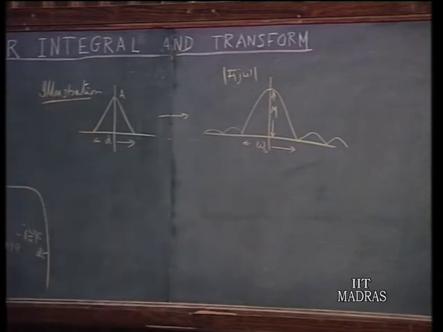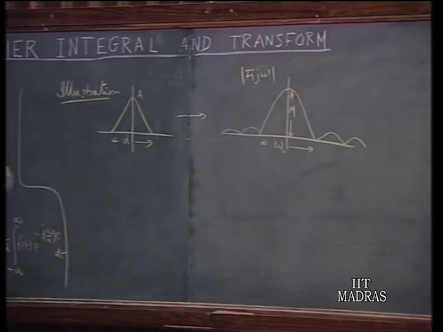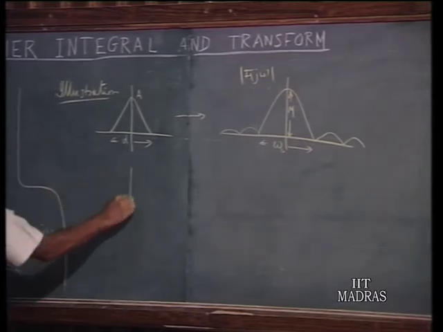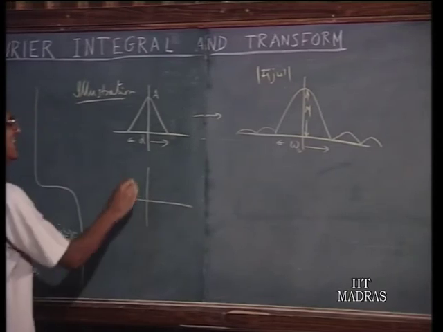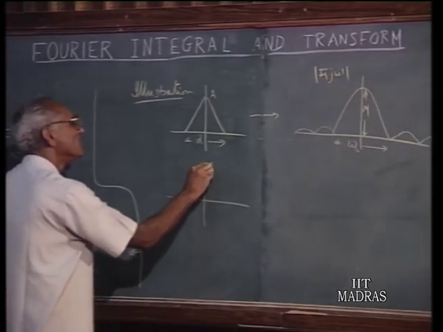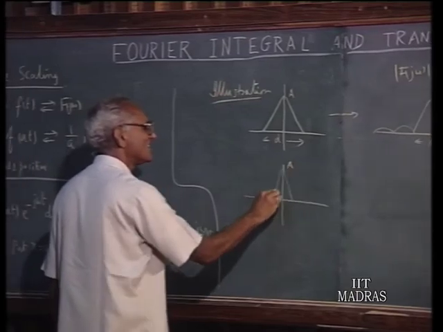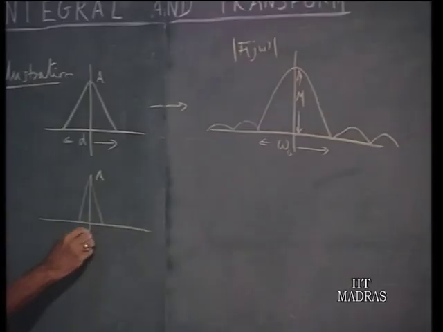Now, let us see what happens if I compress it in the time scale. That means the events now come closer together. So, I have the same a, but the events occur faster. So, this is d upon 2.